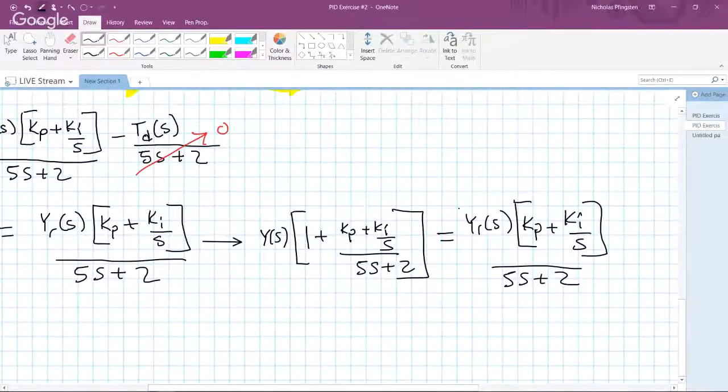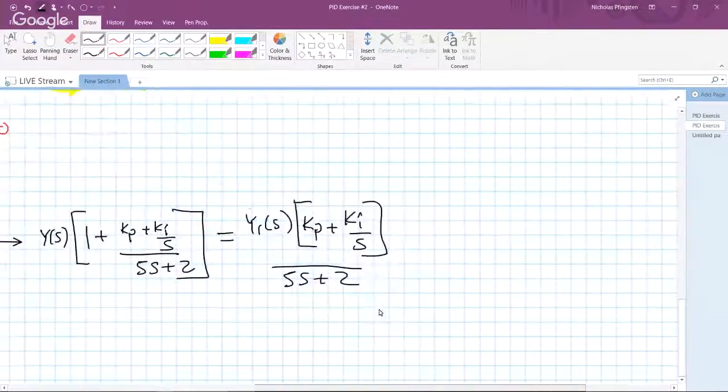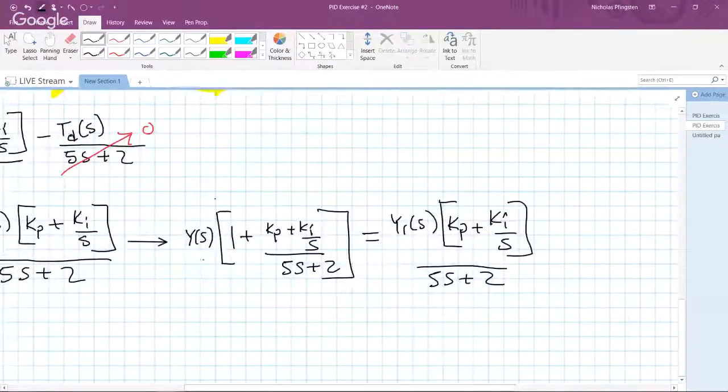Well, now we can get that expression, mostly. So it looks something like this.